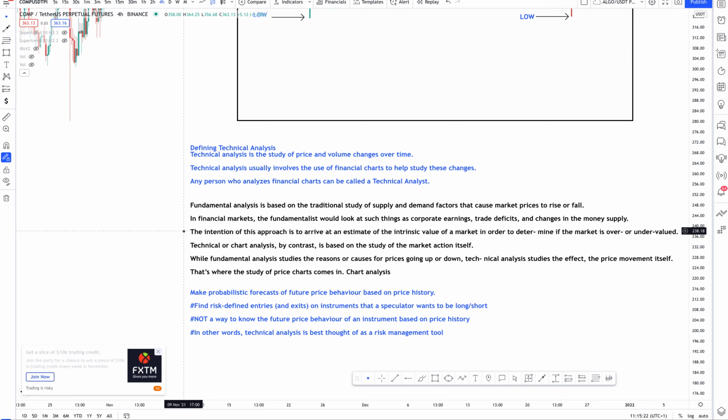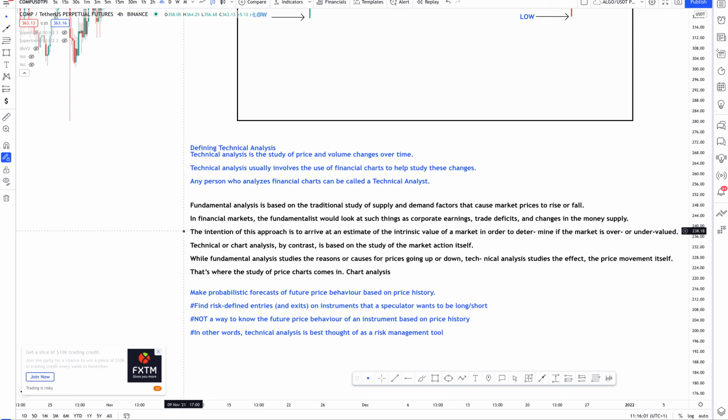While the fundamentalist is running to know about factors that surround the whole market, not factors that could possibly move price in terms of corporate earnings, the value of the company, the team behind it, this or that, the chartist or the technical analyst studies the market action itself, how price is moving, right?